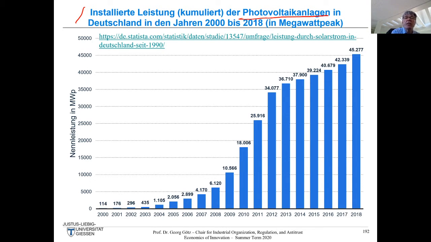This is in megawatt peak, so it's actually 45,000 megawatt. Is that a lot? Do you have an idea? Actually, the maximum load we have in Germany, don't put the finger on that, but it's about between 80 and 90 gigawatt.